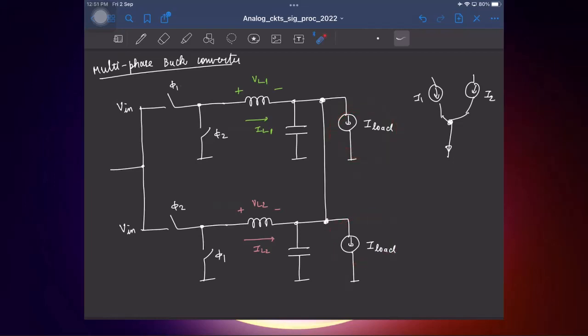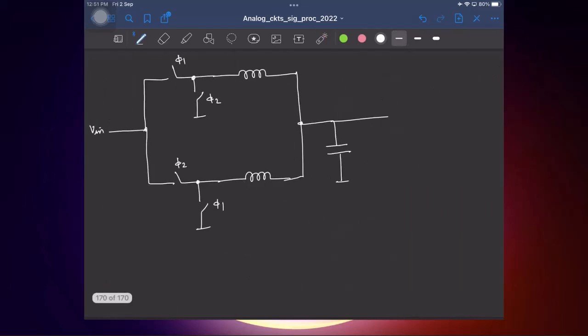But let us say I am interested in delivering only a current of I load, because the load is the same, right? The load is drawing I load. Then what can you say about the average current, right? I load by 2. So IL1 average is I load by 2.